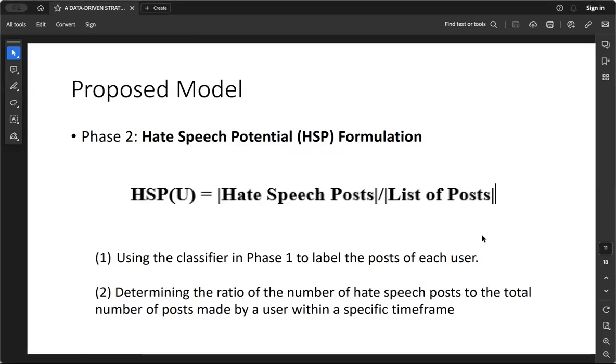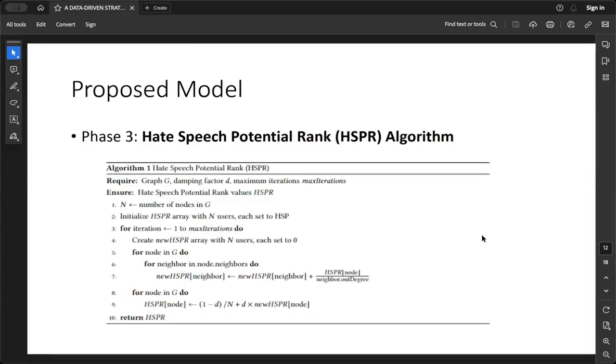So traditionally, the initial ranks of a PageRank algorithm come from either a uniform distribution or some other formula for an initial rank. In our proposed model, we have modified that PageRank where now our initial values come from phase 2, where the initial values are the HSP values of each of the users. And because of the way the PageRank algorithm works, we needed a normalized value.